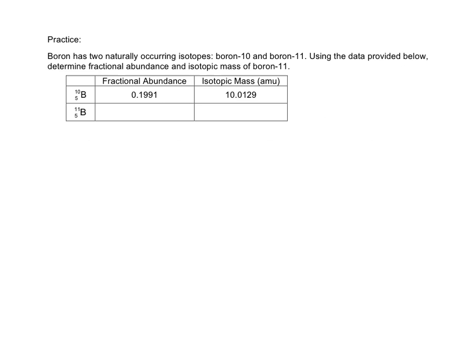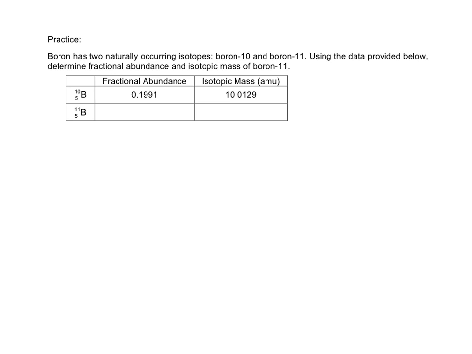All right, the next example is using the information we have on the periodic table to figure out the isotopic mass of an isotope. So if boron has two naturally occurring isotopes, boron 10 and boron 11, use the data provided below to determine the fractional abundance and the isotopic mass of boron 11.